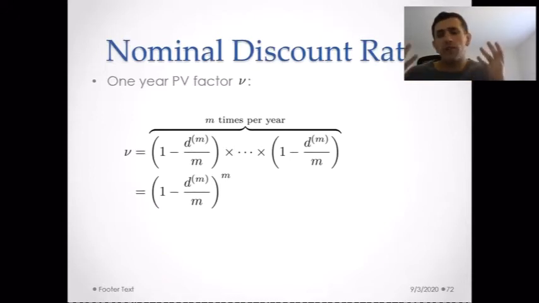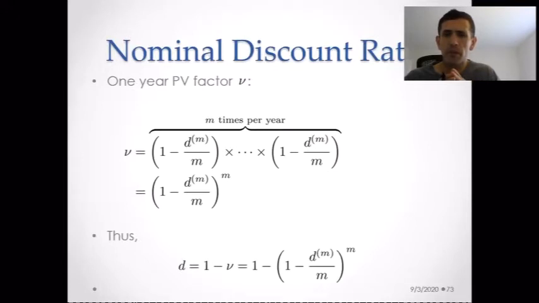Again, this is very analogous to what we did for the 1-year growth factor for a given nominal interest. There it was the same thing: you compound the 1 over m year growth factor m times. Here we compound the 1 over m present value factor m times to get the 1-year present value factor.